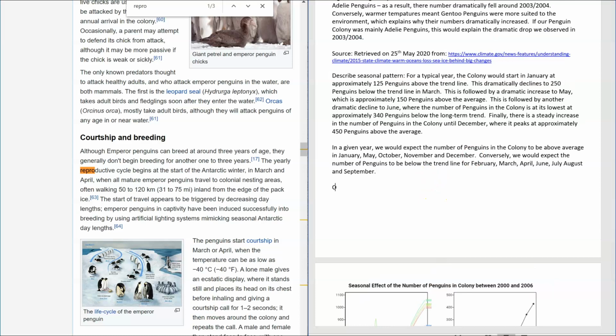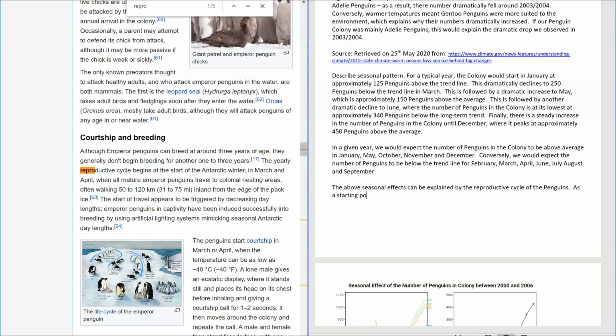So, the above seasonal effects can be explained by the reproductive cycle of the penguins.